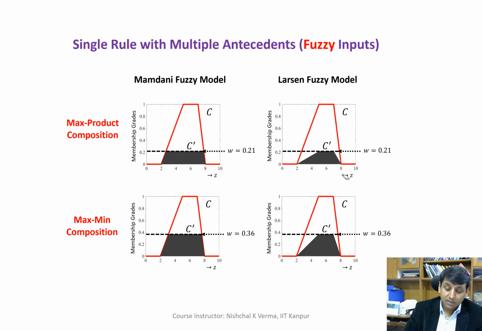So here we see the Larsen fuzzy model with max product composition, the output, and here we see the max min composition, but for the same fuzzy inputs. So we see the difference as to how we get the output for the same fuzzy inputs. And we see here again the difference between the Mamdani fuzzy model output and the Larsen fuzzy model output.